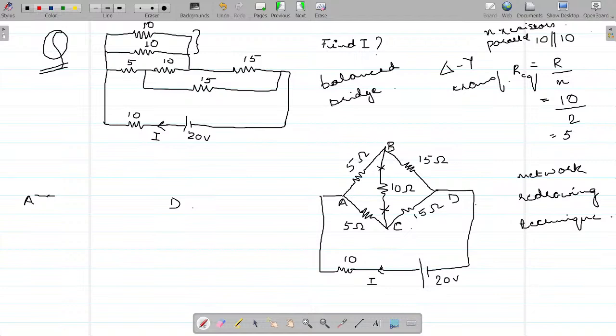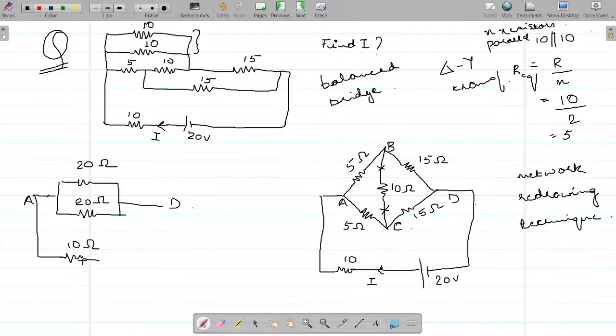So, can I make this network to be something of this sort? This would be 20, this would be 20, and from here we'll have 10 ohms connected to a 20-volt battery. I'm again saying, pardon my drawing in this case.